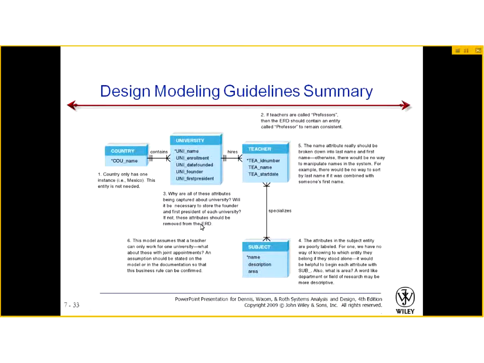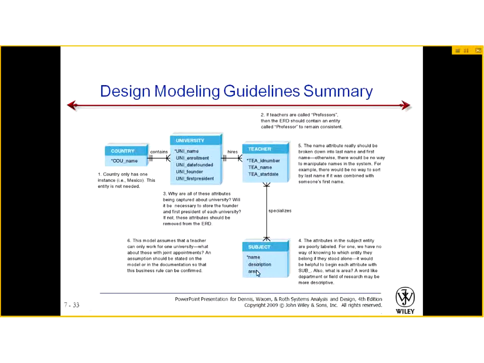If not, these attributes should be removed from the ERD, because for every university the founder, the first president and the date founded will be the same. You don't need to record this information because it will be repeated, so it should be eliminated.